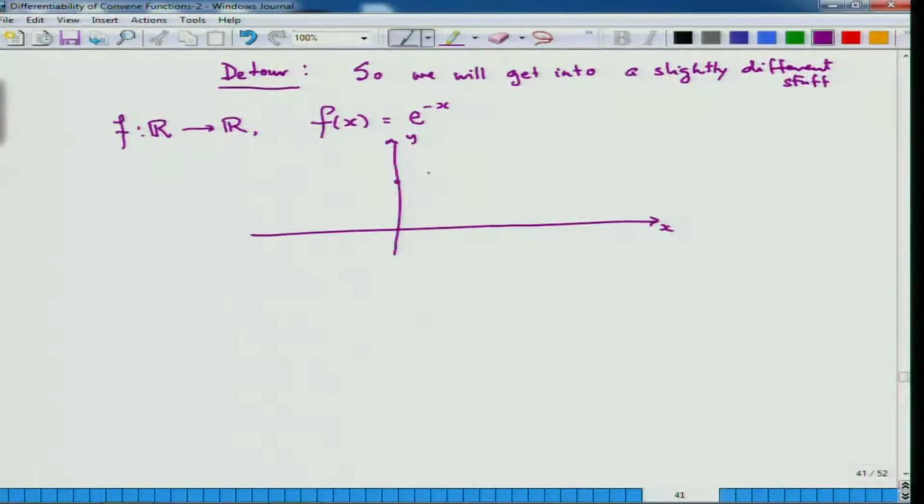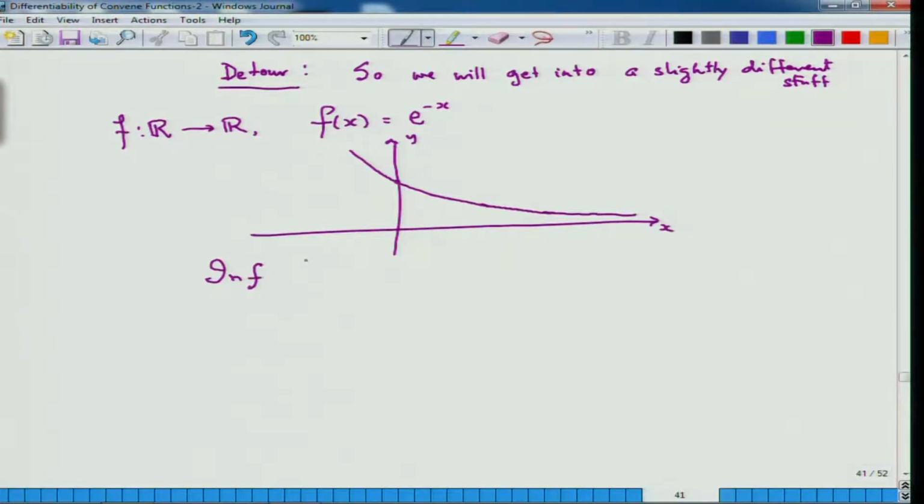At 0 it is 1, so it is the point (0, 1). Through this point, the curve is coming and going down and down and down. It goes as near as possible to the x axis, but never touches the x axis.